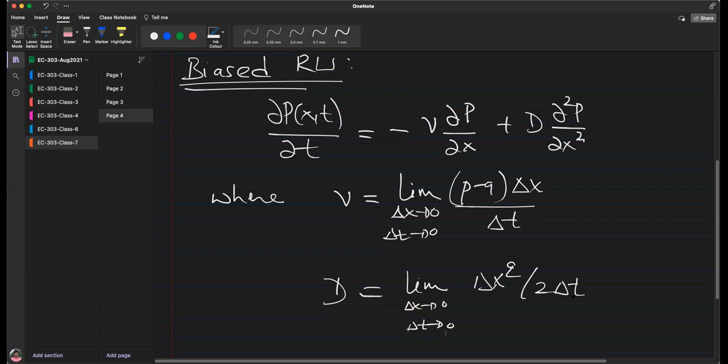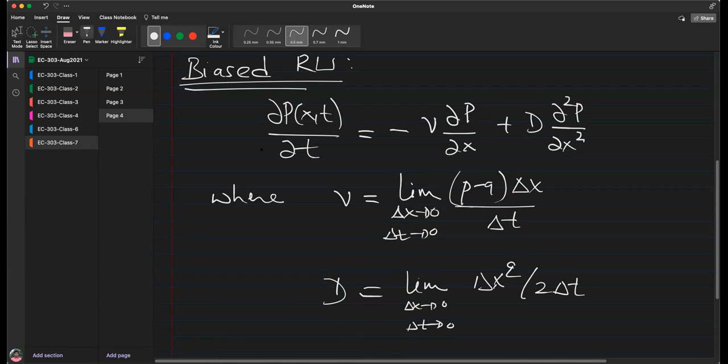If delta x squared by delta t is a constant, then can delta x by delta t be constant? Only if this is a constant. Or the other way around: if delta x by delta t was a constant, what happens to delta x squared by delta t in the limit? This will go to 0, right? So you see the problem. If we assume this to be a constant, this goes to 0. If we assume this to be a constant, this blows up. So we have a problem.